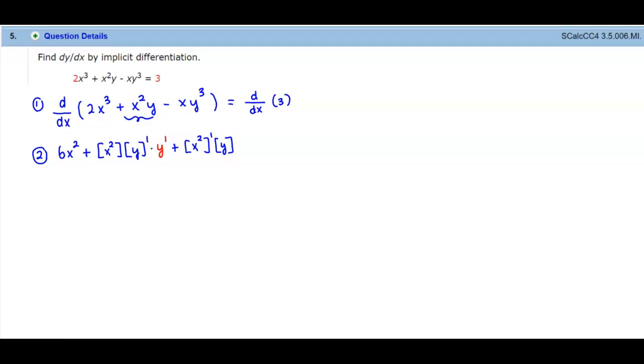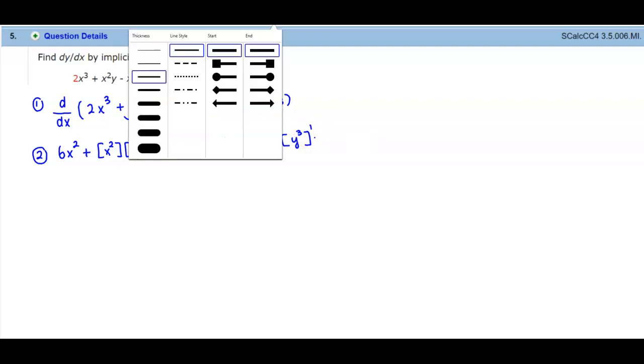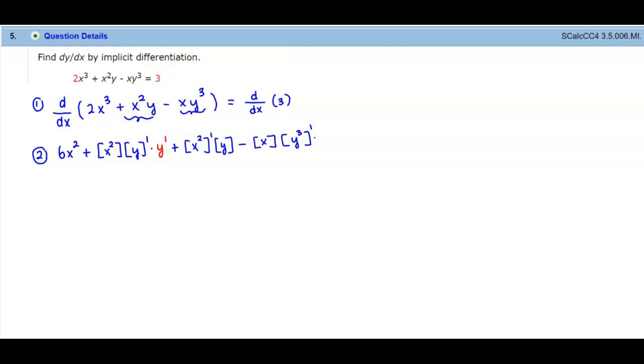Okay, then we have minus, and there's another product rule here. So we have minus the first, which is x, times the derivative of the second, which is y cubed, and then times, again, since it's implicit differentiation, this is y prime.